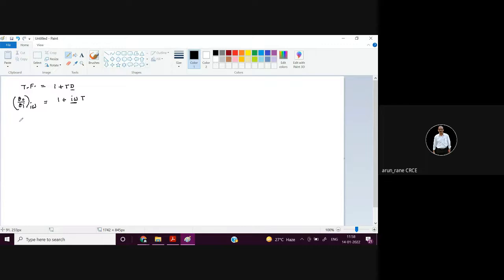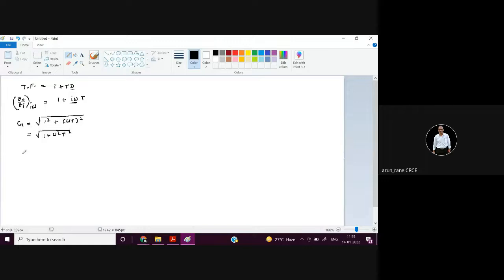Now what is your magnitude? Magnitude g is equal to under root of real part square plus imaginary part square. Real part is 1 and imaginary part is omega t. Square under root of this, so g is equal to under root of 1 plus omega square t square.